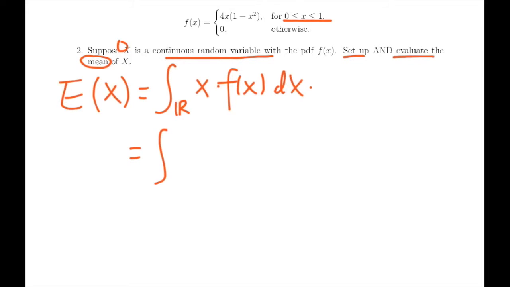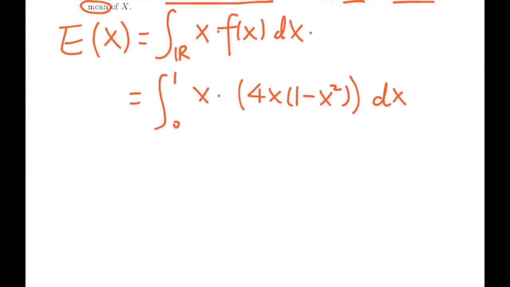We have the integration from 0 to 1 of x times f(x), that is 4x times (1 minus x squared), then dx. With a bit of algebra, we can rewrite this as the integral from 0 to 1 of 4 times x squared minus 4 times x to the 4th dx. Okay?